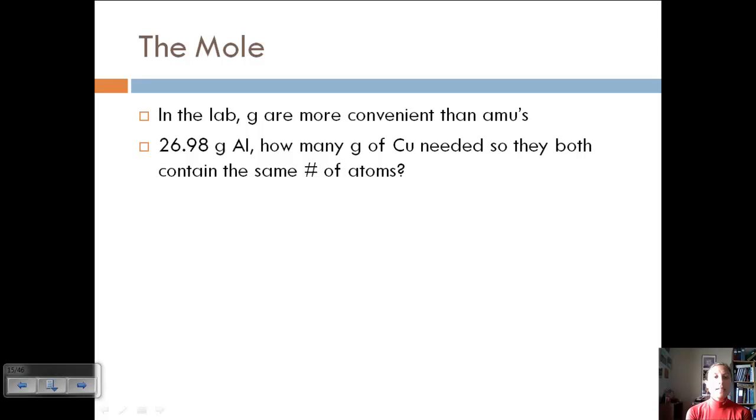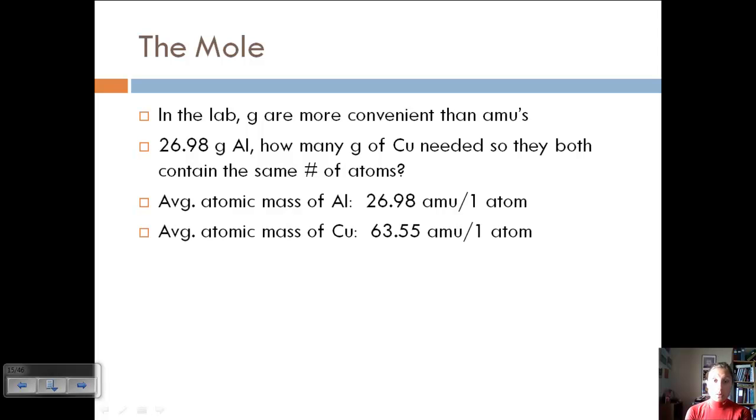So let's say we have 26.98 grams of aluminum, and we want to know how many grams of copper are needed so they both contain the same number of atoms. Well, we can use the average atomic mass. We know based on looking at the periodic table that the average atomic mass for aluminum is 26.98 AMUs for every one atom.